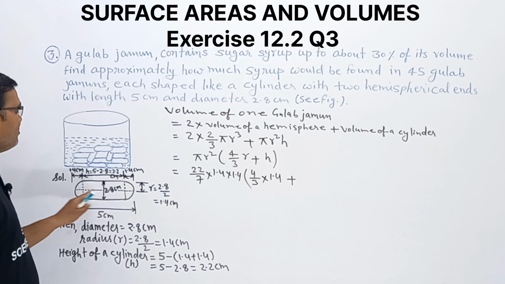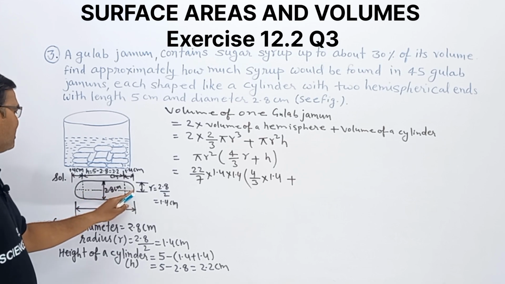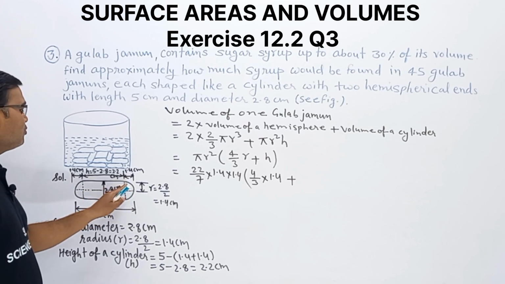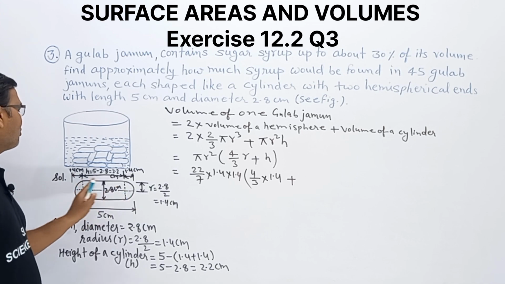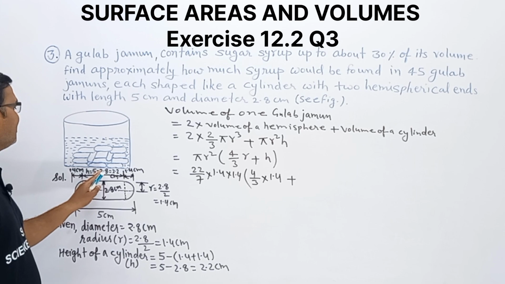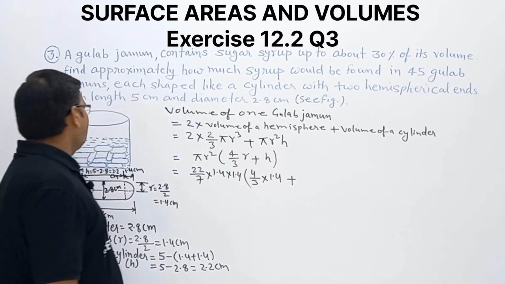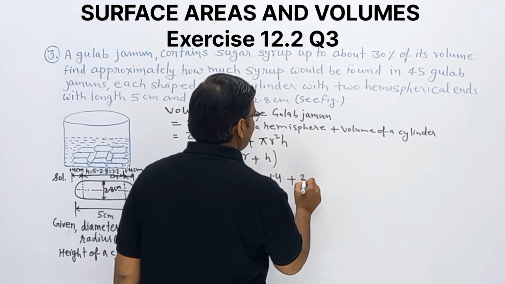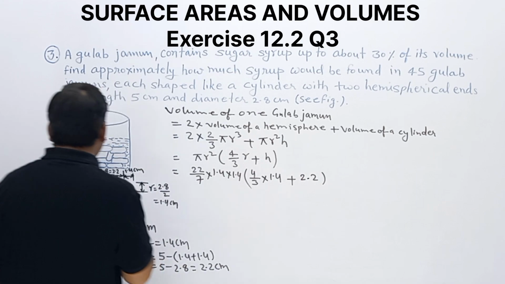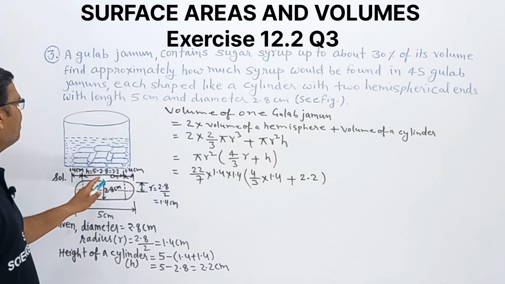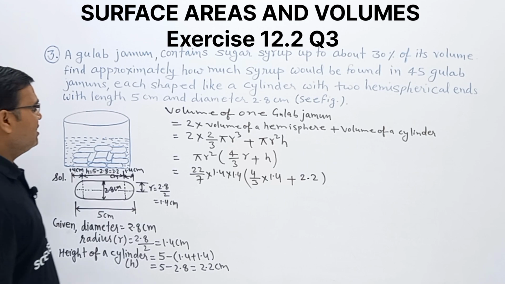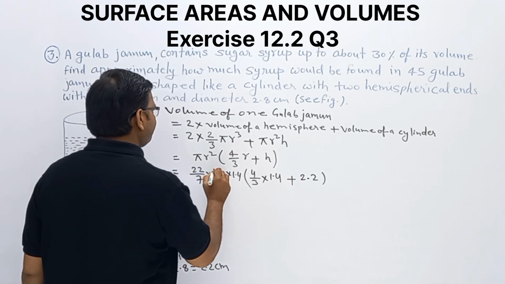This is the height of a hemisphere, and the height of a hemisphere is equal to the radius. So 1.4 plus 1.4 subtracted from 5 gives 2.2 centimeter, which is the height of the cylinder. Clear?